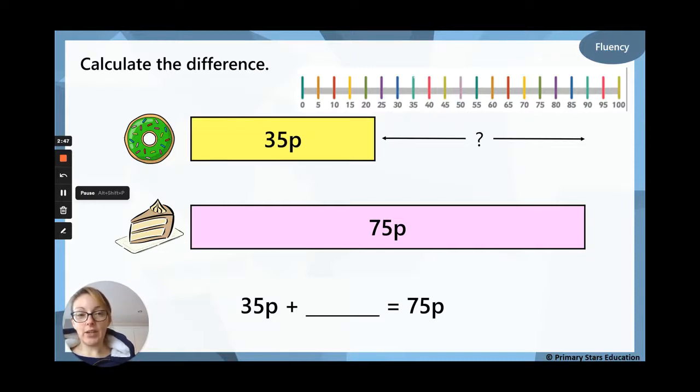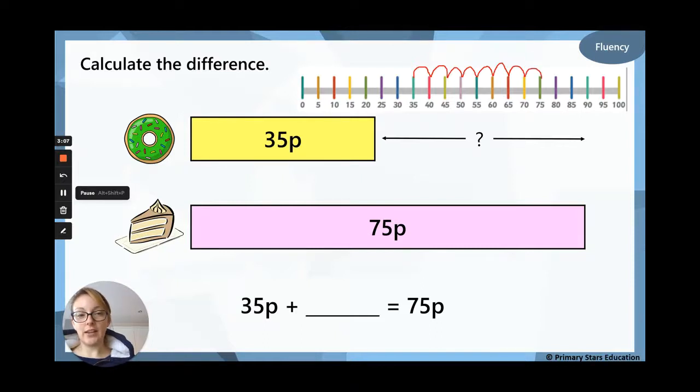So if I do my jumps, so I'm going to start on 35p, so that's 5, 10, 15, 20, 25, 30, 35, 40.